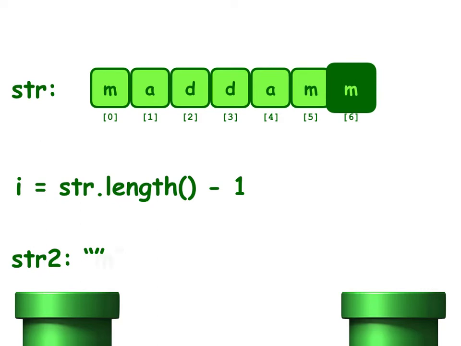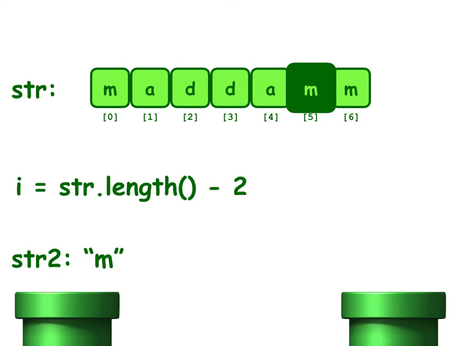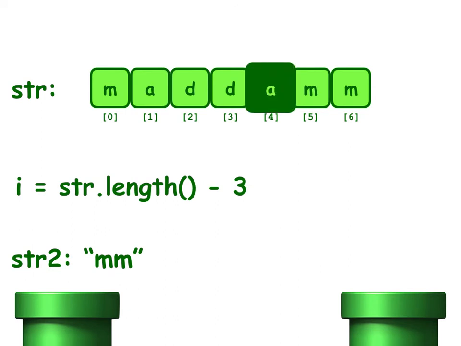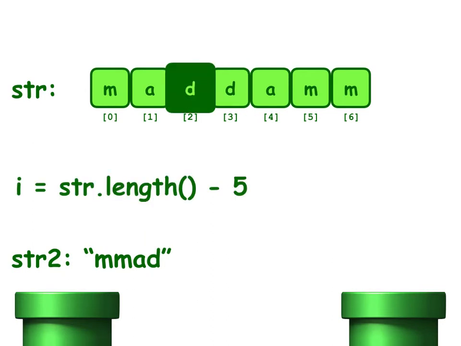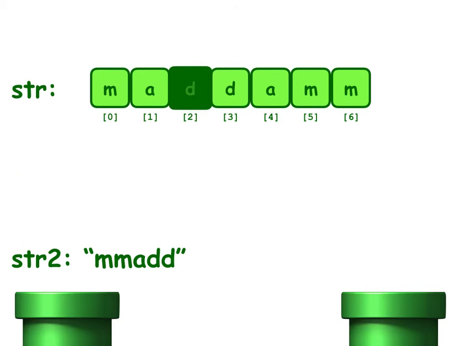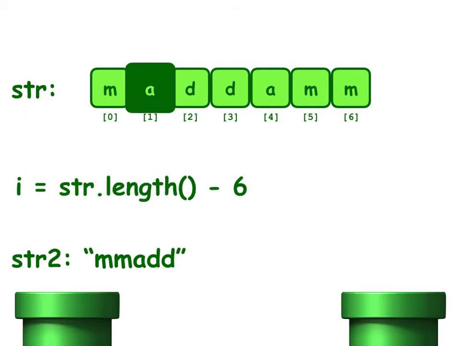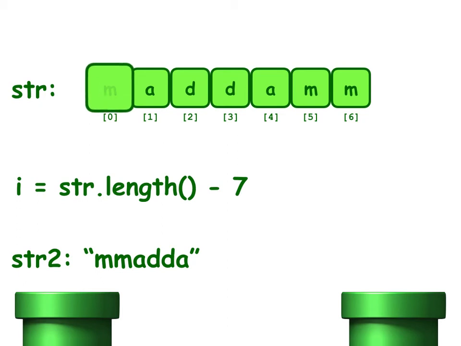So first the last letter gets concatenated, then i gets decreased, then we concatenate the next character, and i gets decreased again, and we repeat this until every character has been concatenated. Right.